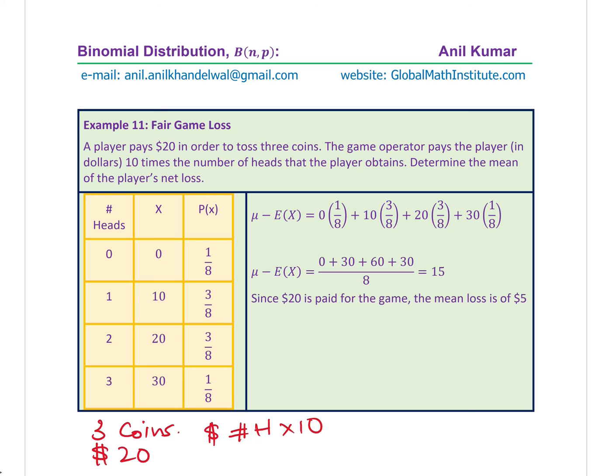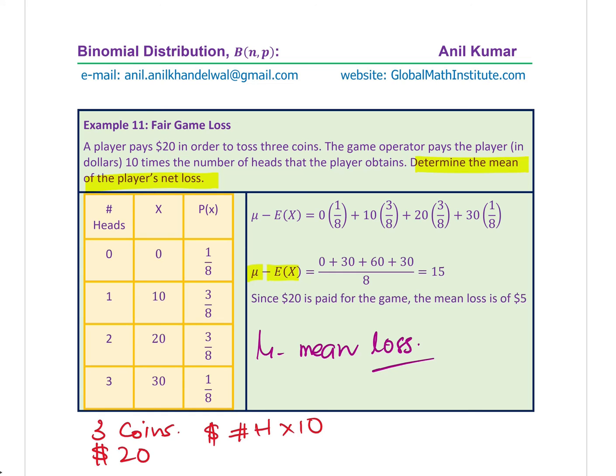So that is the question. Since we need to know how much is the loss, we determine the mean. In this case, we have to determine the mean of the player's net loss, average loss, correct? So average loss, the mean, is mu. In our case, that is the mean which we are saying, right? So mu is the mean, minus the expected value.